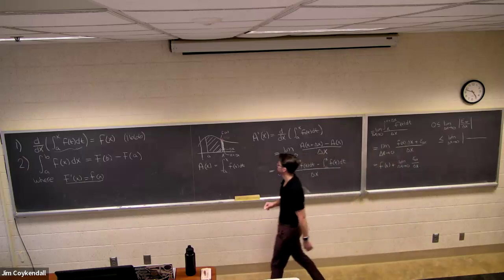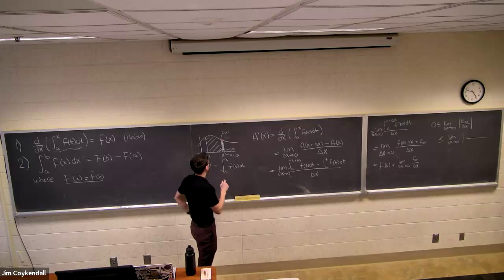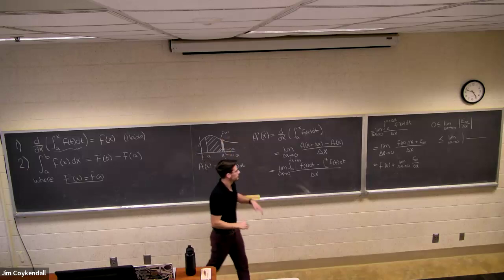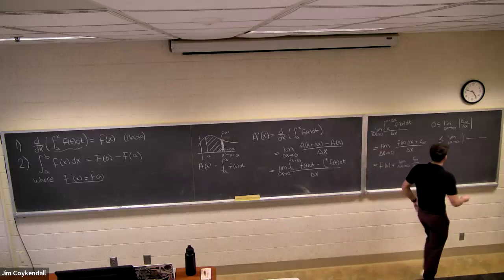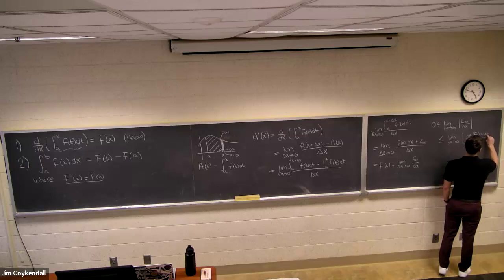Well, what's the area of this rectangle? Once again, the base is change in x, but now the height is just that minus this, right? And I have absolute values here. So this is absolute value of change in x, that's my base, times f of x plus change in x minus f of x.